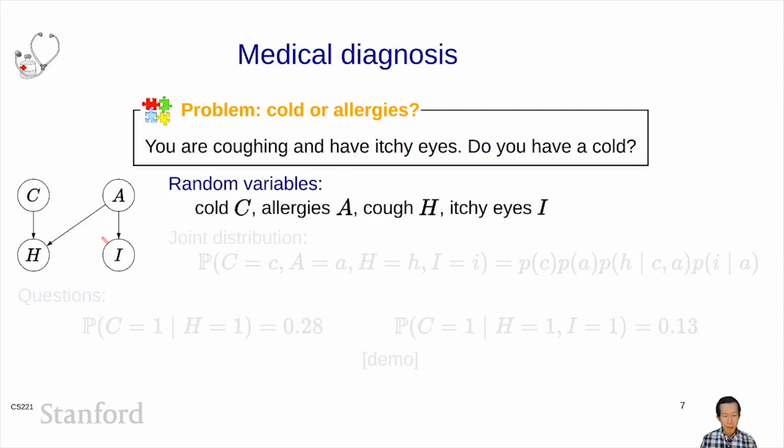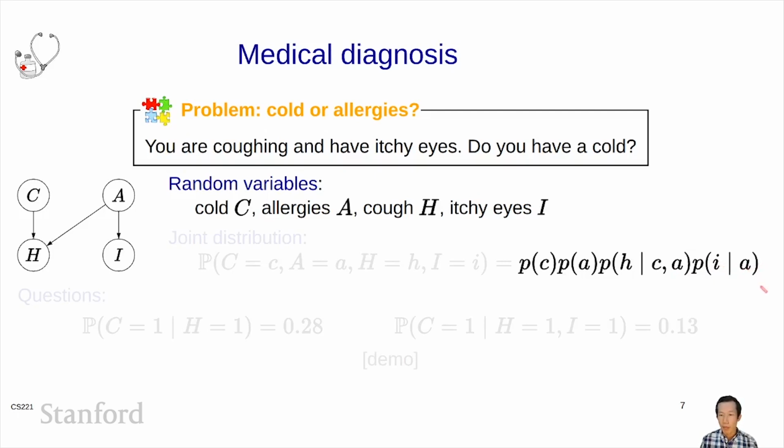Step 3 is to make this quantitative by defining local conditional distributions. For each variable, I'm going to write down a local conditional distribution given its parents. Probability of C, which has no parents. Probability of A, which has no parents. Probability of H given its parents, C and A. And probability of I given its parent, A.